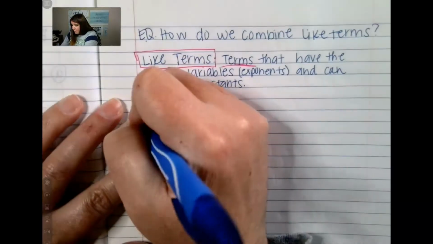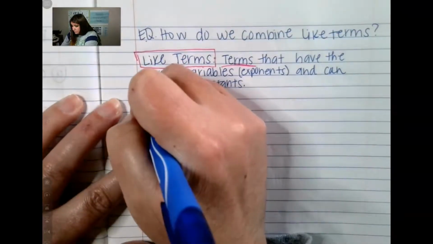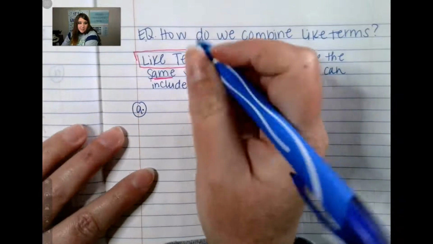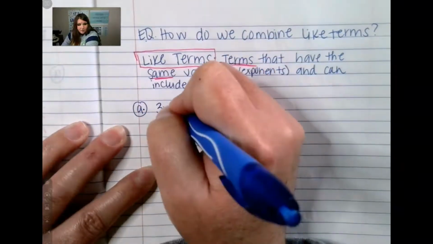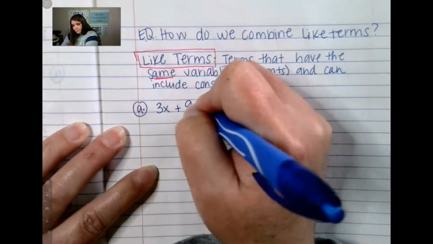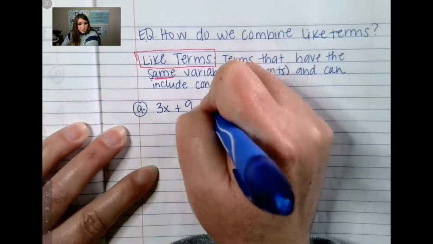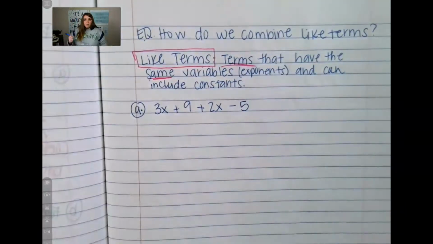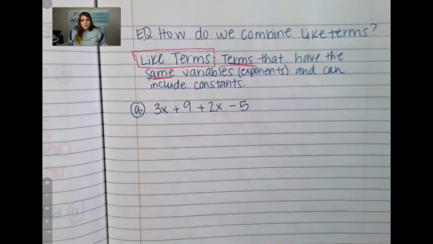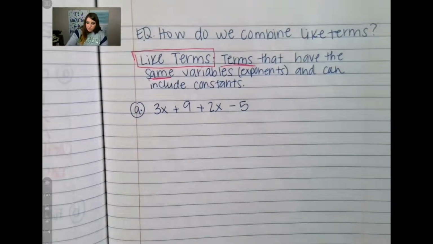So I have a math problem. Don't I always? I have a math problem and it looks like this: 3x plus 9 plus 2x minus 5. As I'm looking at this math problem, I can see that I have many different terms.